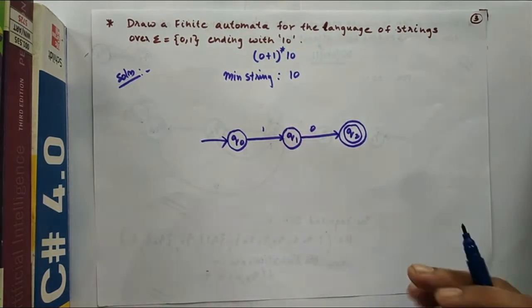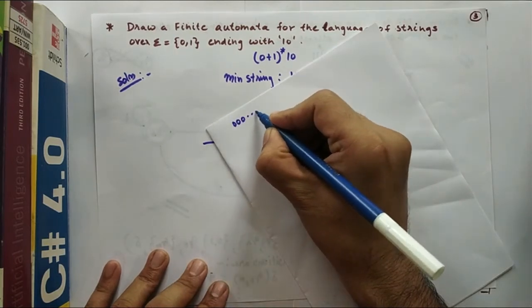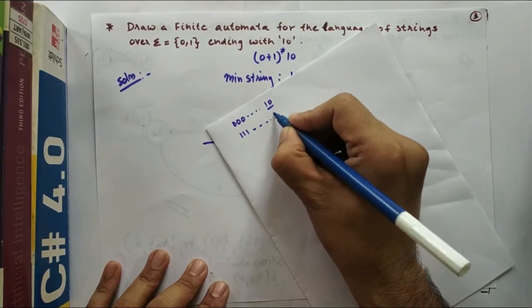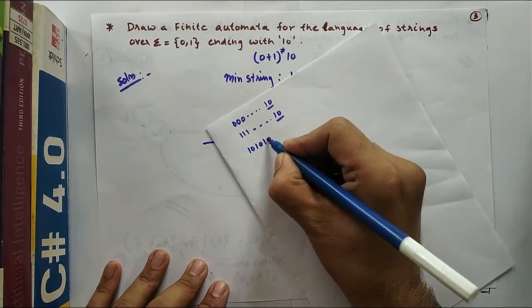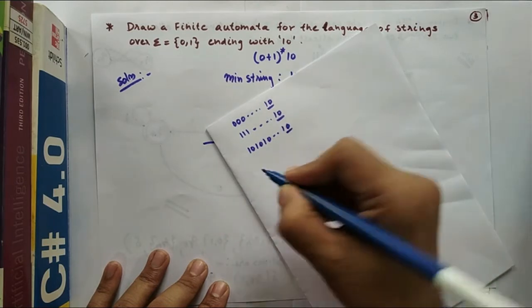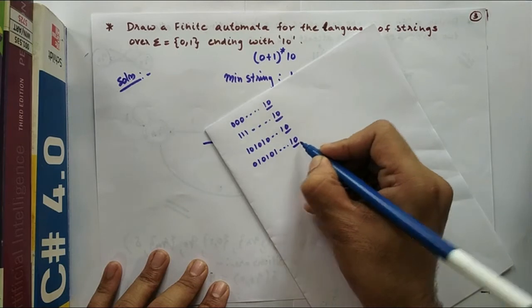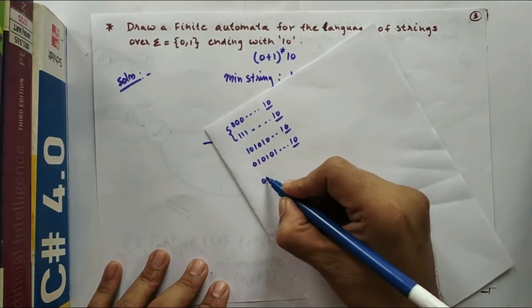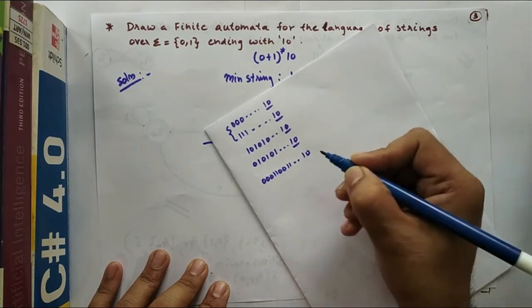The first half can be any combination, so it becomes simple. First some zeros only, ending with 1 0, then some ones ending with 1 0, then 1 0 1 0 1 0, and so on, ending with 1 0, then 0 1 0 1 0 1, and so on, ending with 1 0. Then a combination of these two: some zeros, some ones, some zeros, some ones, ending with 1 0.